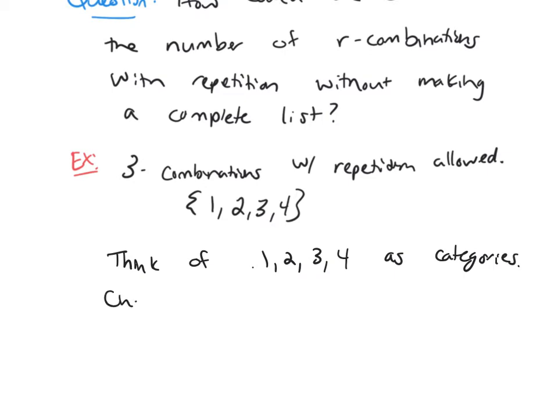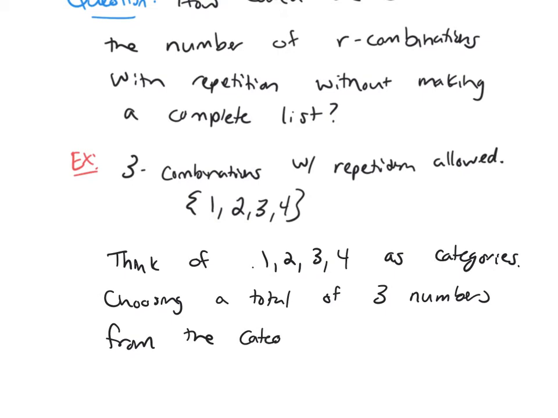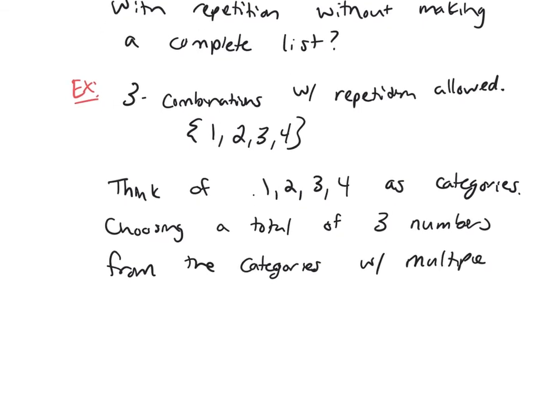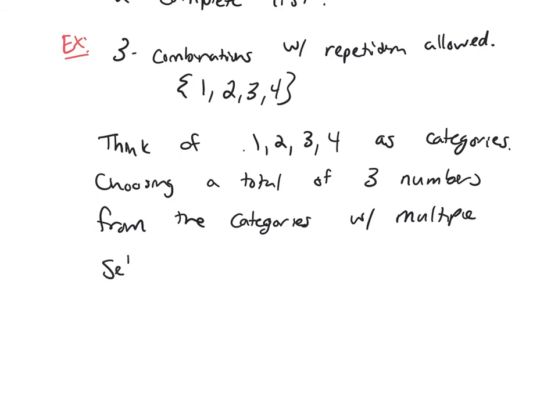And what you're doing is choosing a total of 3 numbers from the categories, with multiple selections from a category allowed.